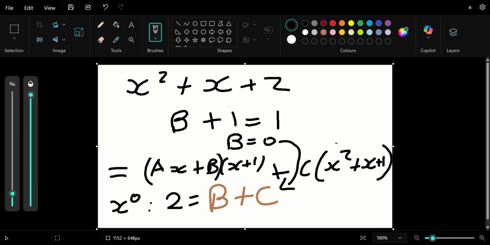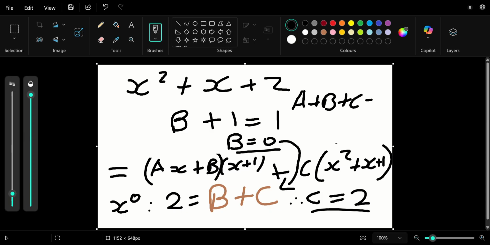Now we can see on the bottom equation that 2 equals b plus c. Therefore, we'll know that c has to be equal to 2. And earlier, we said that a plus b plus c has to be equal to 1. So a plus 0 plus 2 is 1. Therefore, a will have to be negative 1.